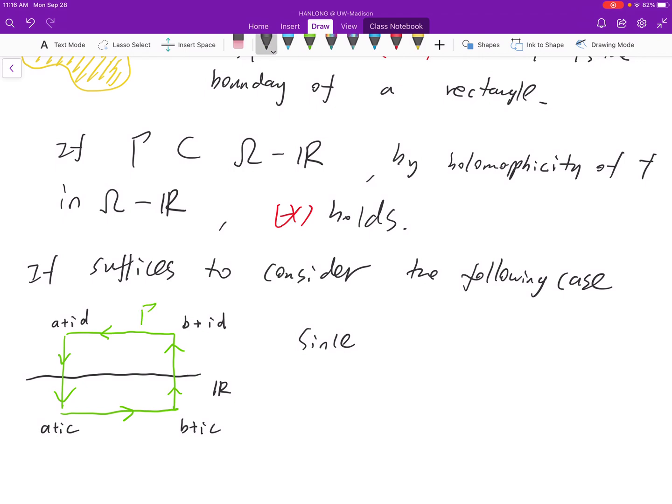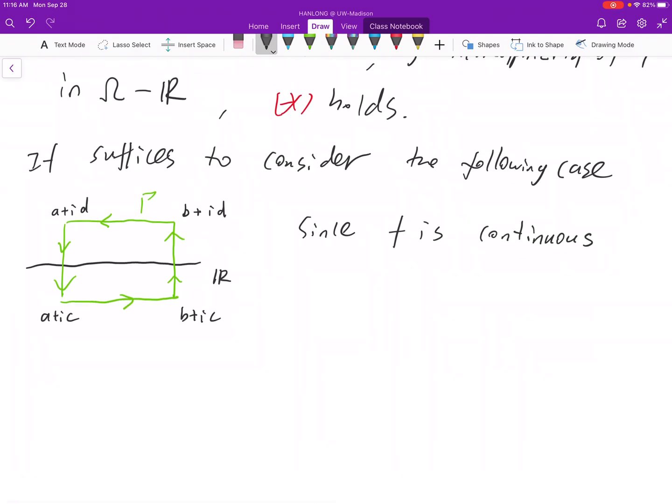Since f is continuous, we can approximate the line integral as follows.